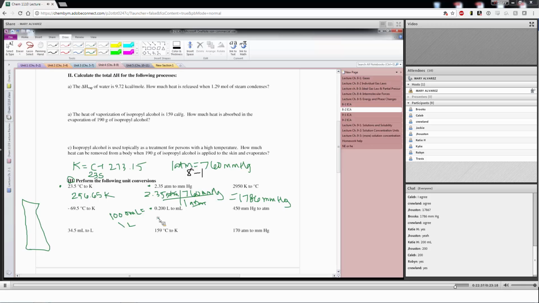Or you could say that 1 milliliter equals 1 times 10 to the negative 3rd liters, because that's what milli means. And whichever one you use, you'll get the same answer, 200 milliliters. Let's say 1 milliliter is 1 times 10 to the minus 3rd liters. Liters will cancel. If you plug that into your calculator, you should get 200 milliliters. Excellent. Okay, you guys feel good about that?